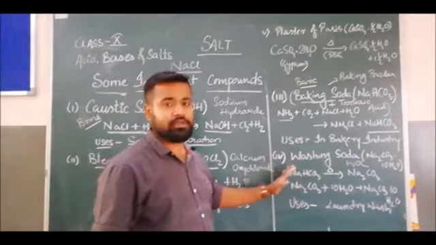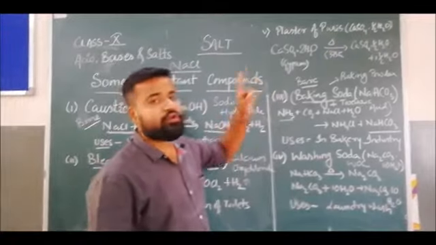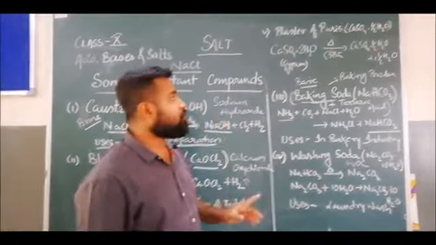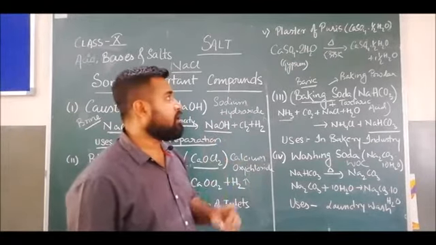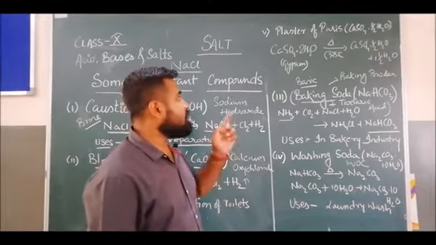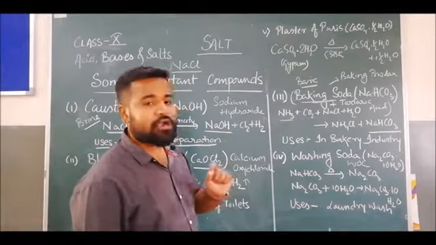So this is the fourth compound, and the last important compound is the plaster of Paris. Plaster of Paris, whose formula is calcium sulfate hemihydrate. Calcium sulfate hemihydrate means half a molecule of water.